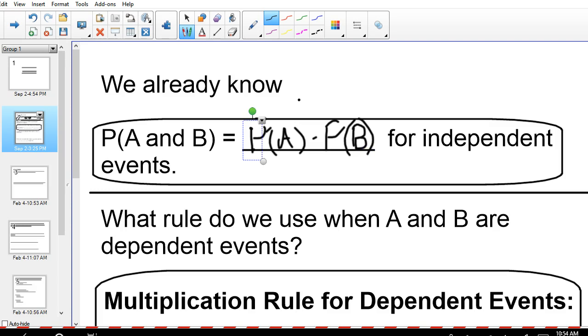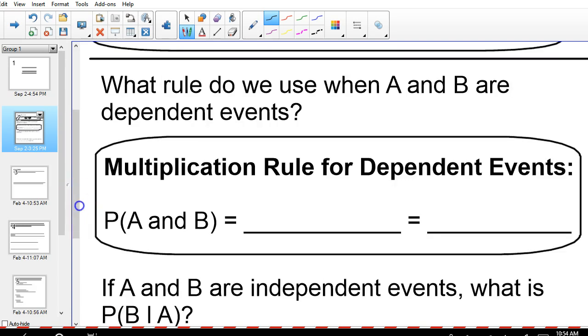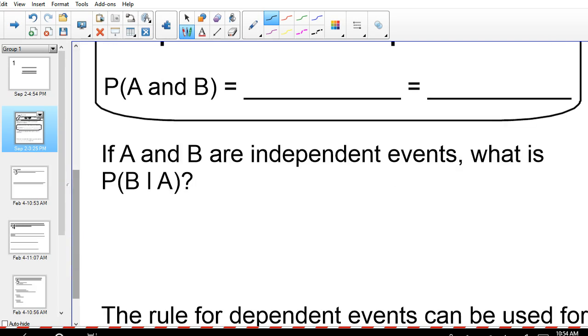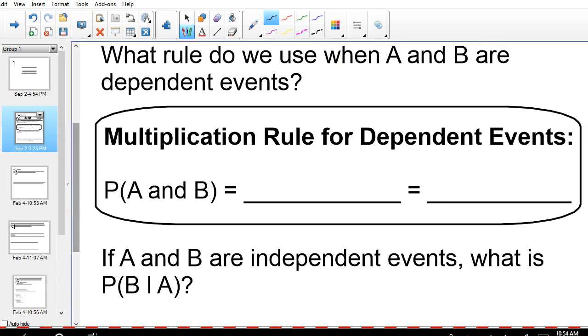Okay, so for A and B for dependent events, I'm trying to get this out because I know what that first one is, but probability of A times probability of B for that.